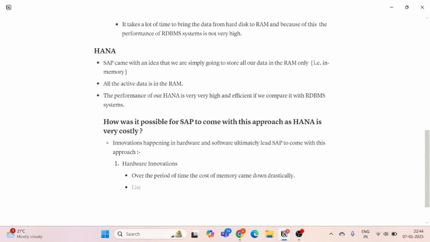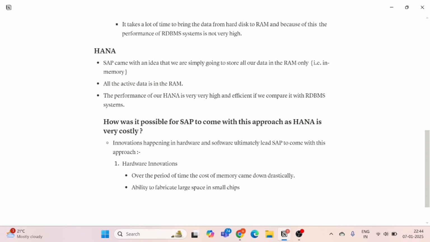Then we saw the ability to fabricate large space in small chips. It was another innovation that happened. In small chips we can store lots and lots of space.